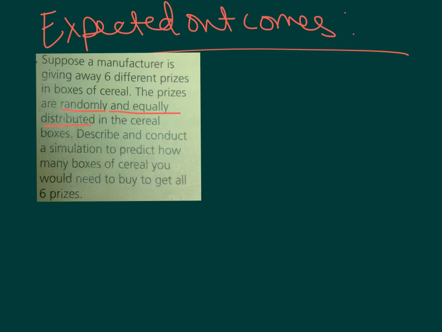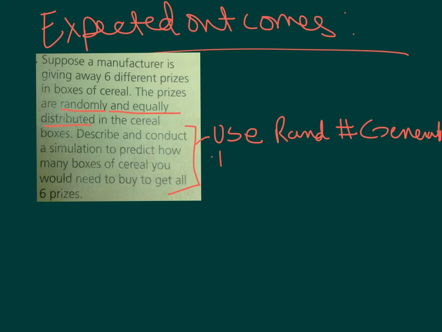There's a couple different ways you could conduct a simulation to predict how many boxes of cereal you would need to buy to get all 6 prizes. You could use a random number generator to simulate.